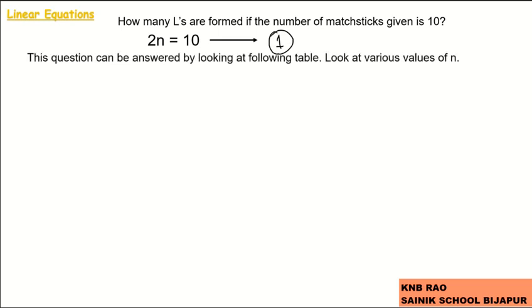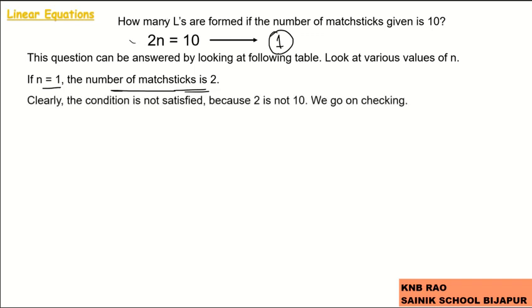This question can be answered by drawing a table. Let us draw or observe the following table. So look at various values of n. Suppose I take n as 1, then 2 into 1 becomes the number of matchsticks, 2, but 2 is not equal to 10.